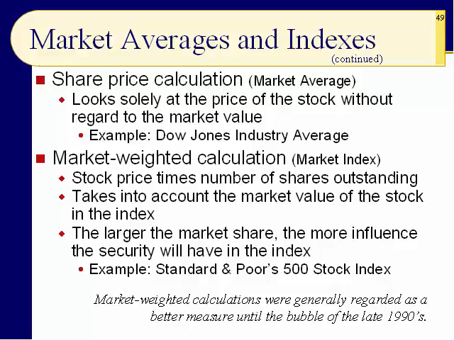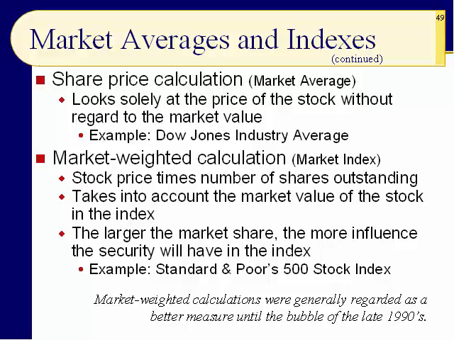Those are the only ones you'll ever hear about. Everything else are indexes. And you see, the problem with an average is you're just looking at the price of the stock without regard to how much the stock is worth. Whereas when you look at an index, you're looking at the price of the stock plus the value of the stock in the index, the capitalization, which we'll take a look at later on in another presentation.